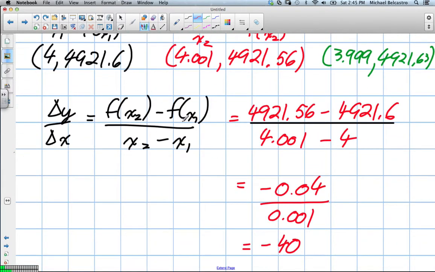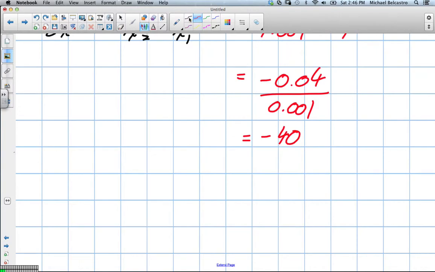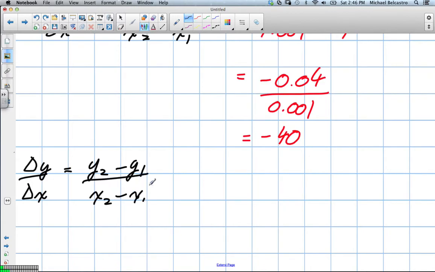Great. Then we do the same thing for preceding, using that average rate of change. So we're going to use that same formula, change in y over change in x. I'm going to write it as a slope formula, just so you remember. It's y2 minus y1, the exact same thing, x2 minus x1. That's all we're doing. We're finding slopes of 2 points that are really close to each other.